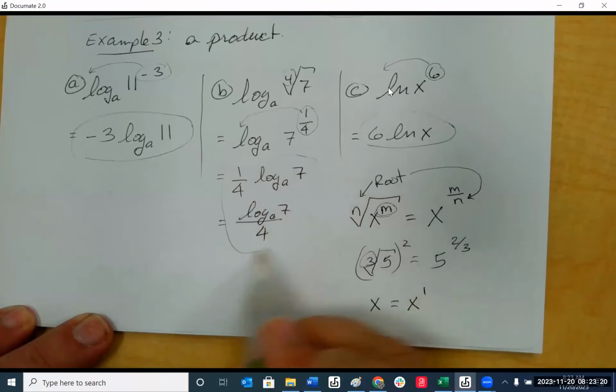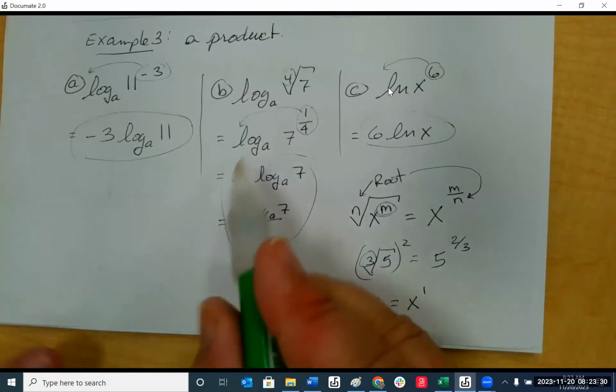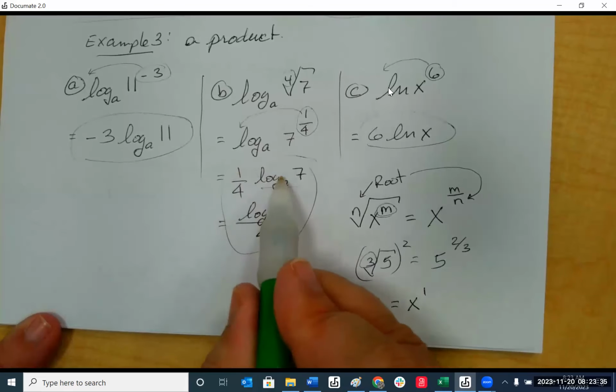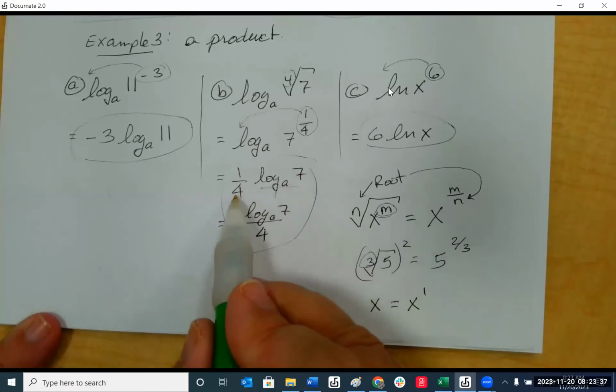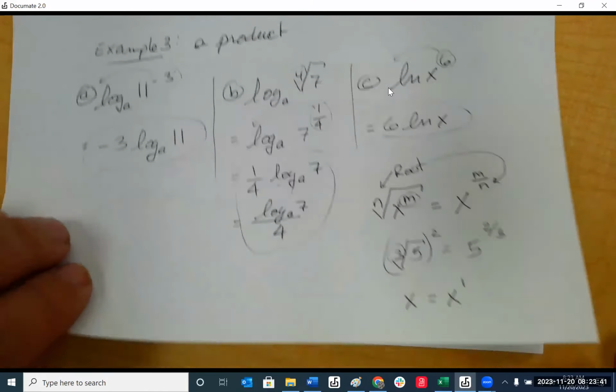And both of these are the right answer. Because if you have a fraction in front, it's multiplication. 1 times log base a of 7, 4 times 1. So you can represent it both ways.